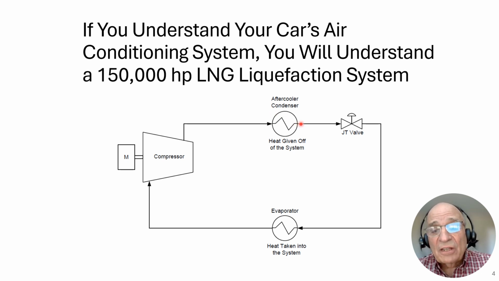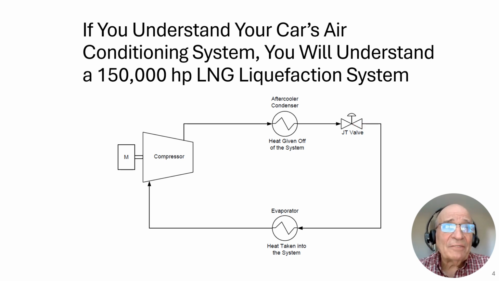Then 100% liquid refrigerant, meaning it's all liquid, goes into a JT valve, which is nothing more than a restriction in the pipe. And that JT valve drops the pressure. When it does that, this refrigerant, which is maybe at, let's say, 100 degrees Fahrenheit and 200 psi, just to pick a number, goes into this JT valve and flashes down to a lower pressure.